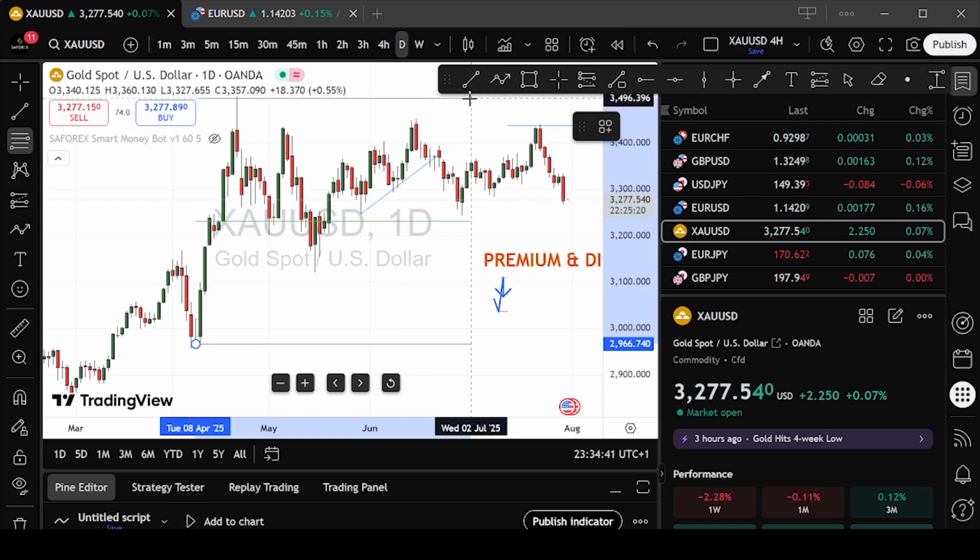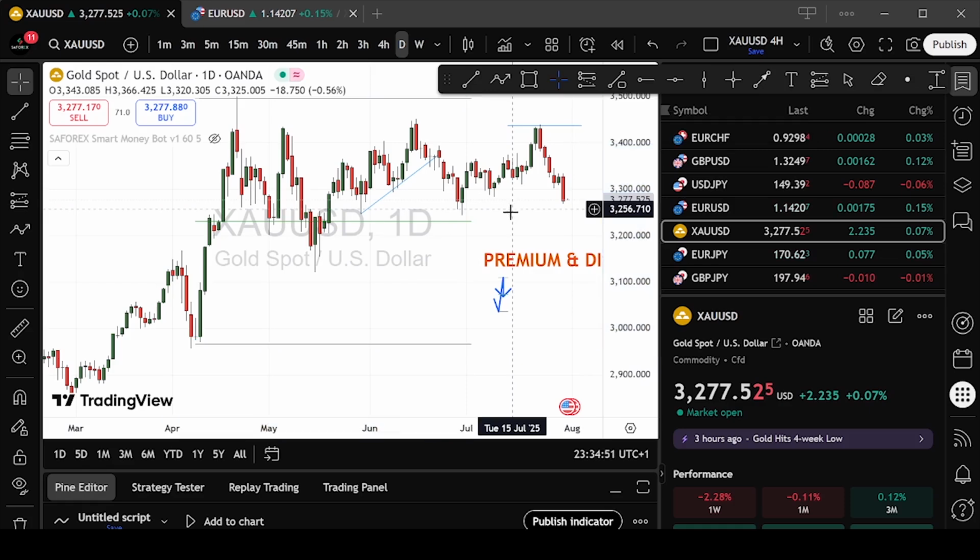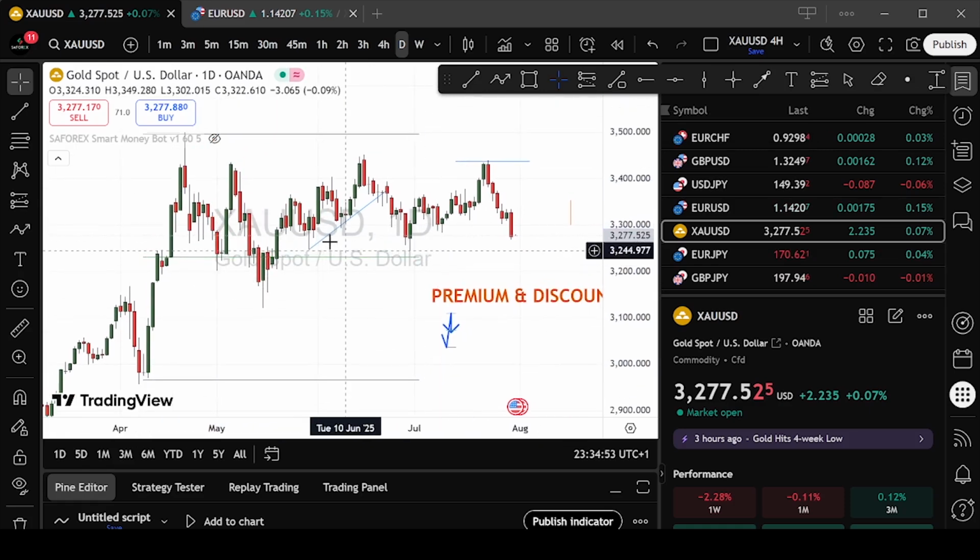Now when you mark this high, you will see that price on this daily time frame is still in premium, because it's still above this equilibrium position.